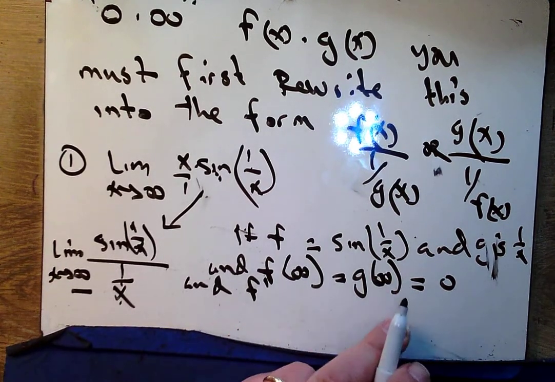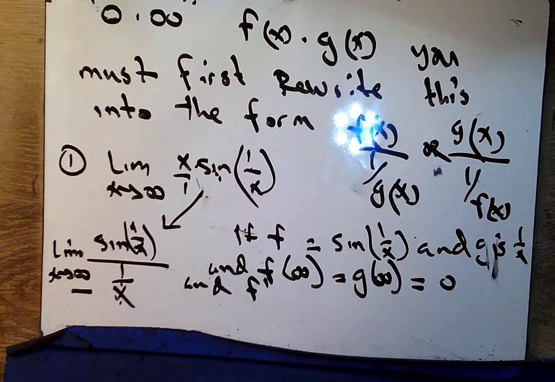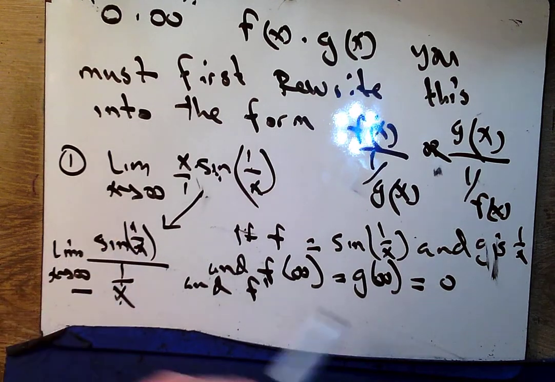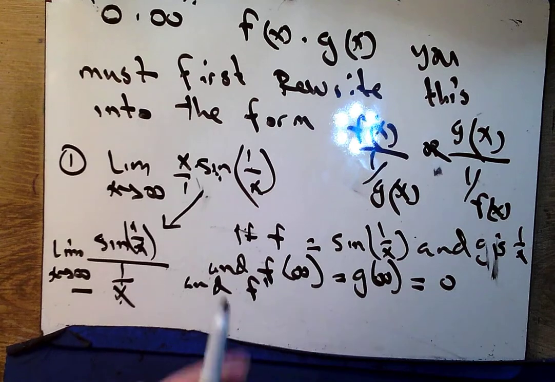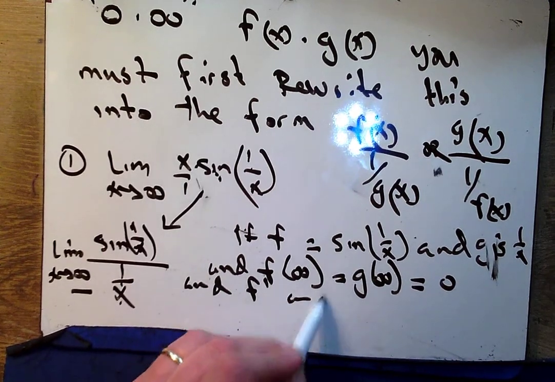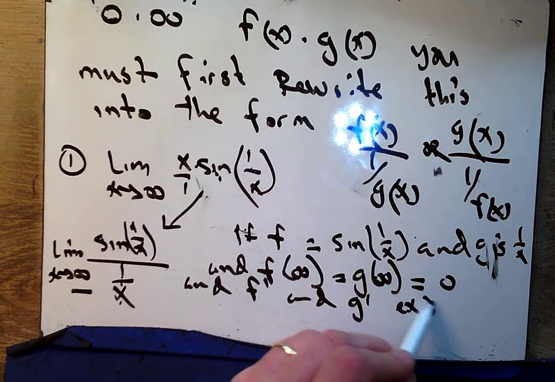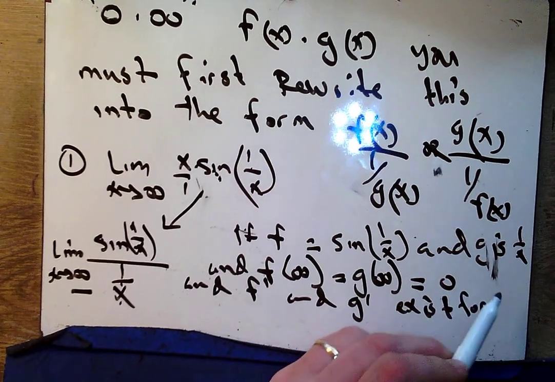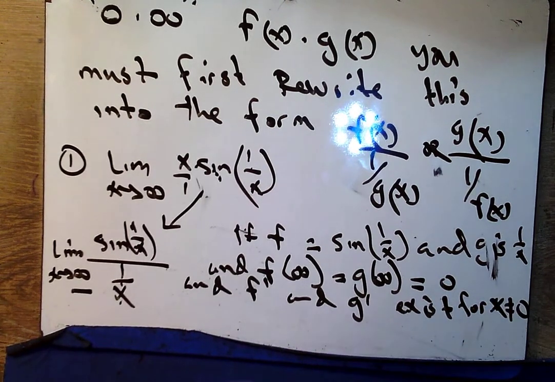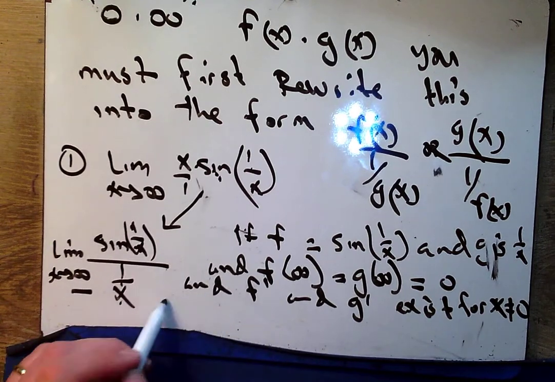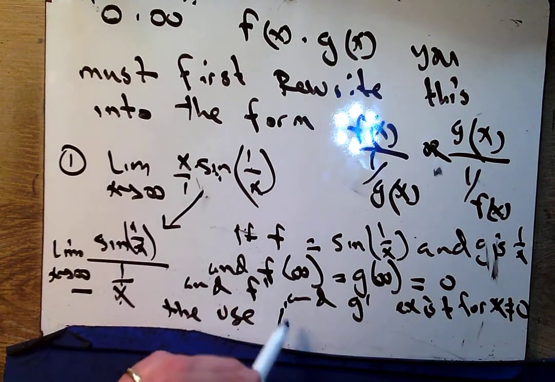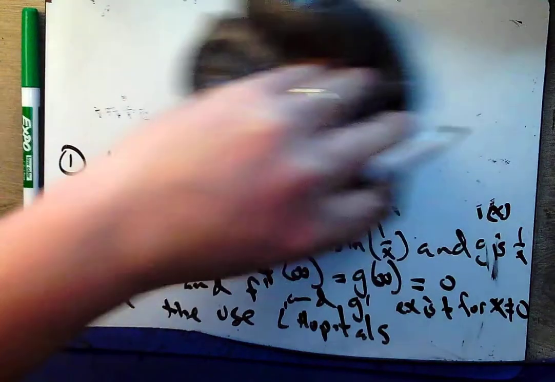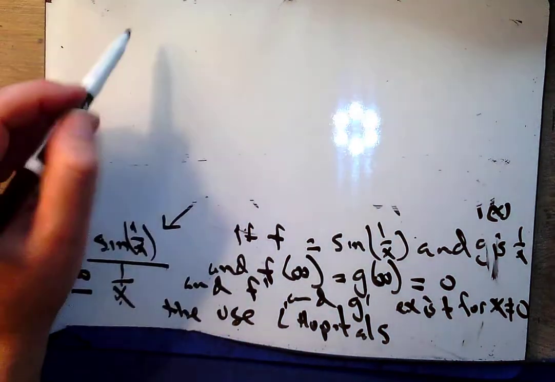If I plug in infinity, I get 0 over 0. That is equal to 0. And f prime and g prime exist for x not equal to 0, well, I got around that, then you use L'Hopital's. Okay, so what will it look like if we have L'Hopital's here? So take the derivative of the top.